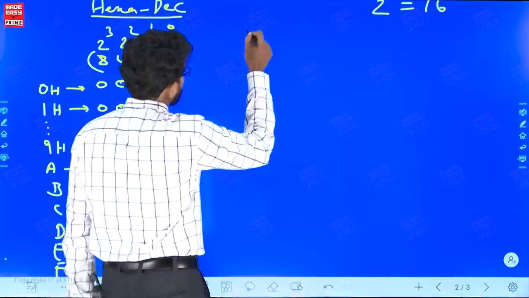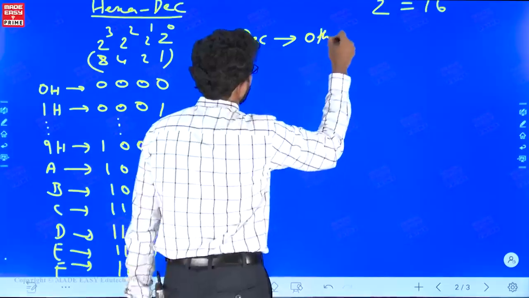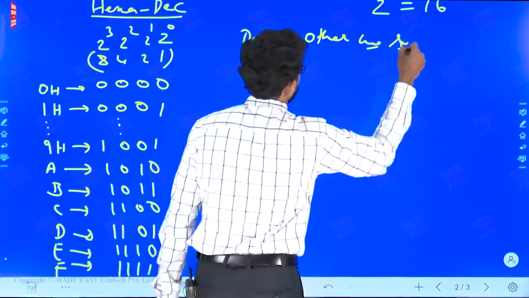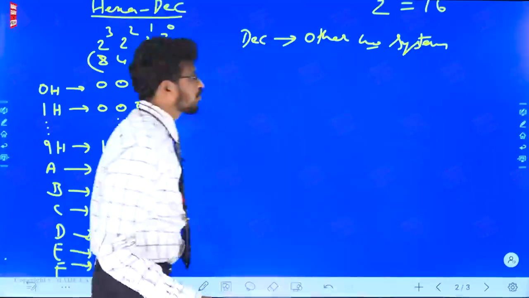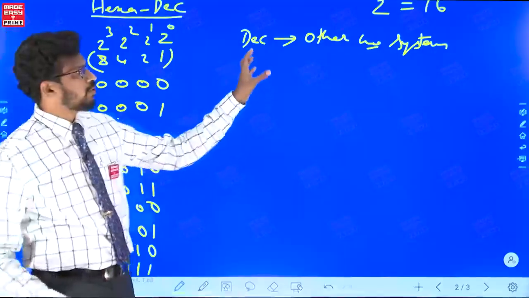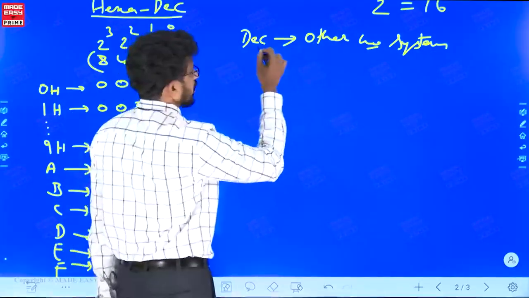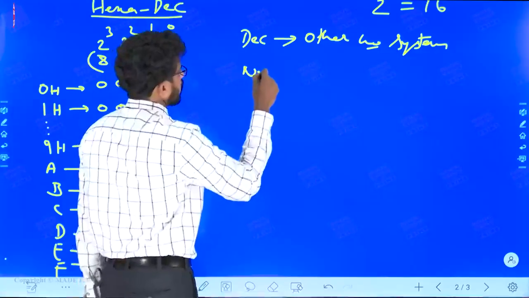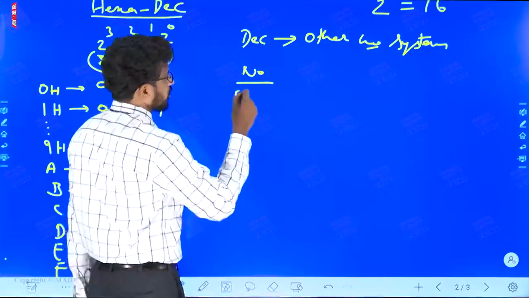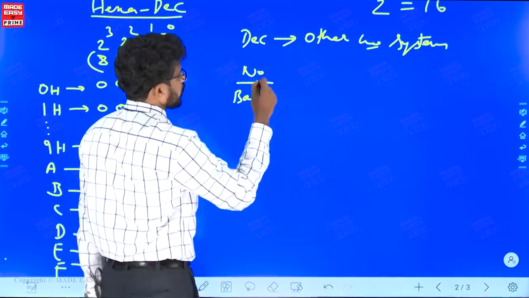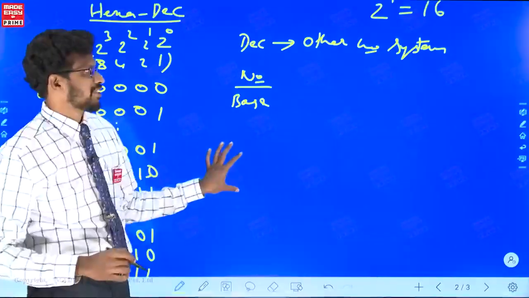So I am writing here decimal number system to other number system. What is the technique of converting this? To convert a decimal value to any other number system, you have to divide the decimal value by the base of the required number system.